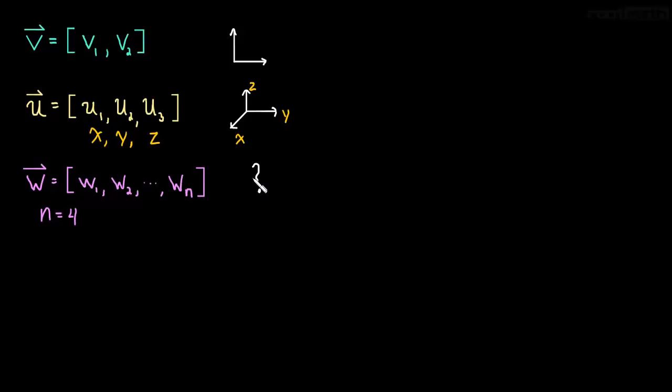We don't have a good way to graph 4 or 5 or 6 dimensions. But the beauty and the power of linear algebra is the fact that we can take what we know from here, and from here for that matter, and push those concepts to higher dimensions, to 4 dimensions, 5 dimensions, 100 dimensions, 1,000 dimensions. We don't have to graph things, but the tools that we've created will still apply.